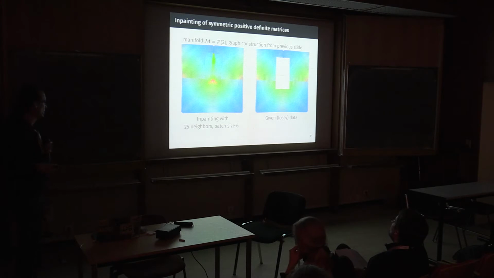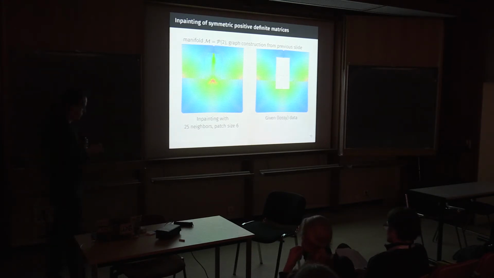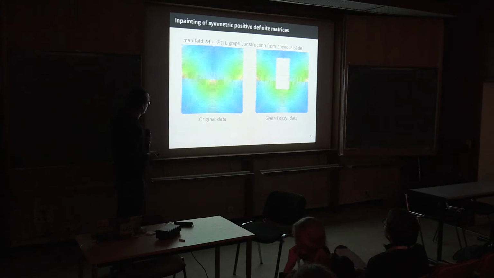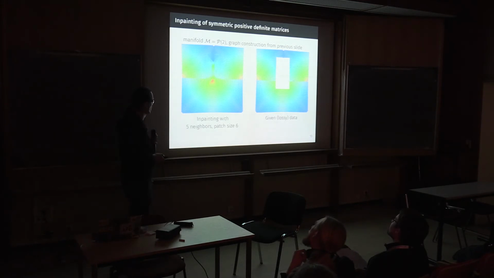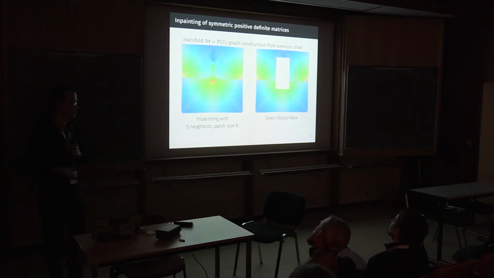And then we could inpaint with 25 non-local neighbors determined by a patch size of 6. So I take 6 by 6 pixels and compare all patches, which gets this one, or that one if I only take 5 neighbors. And I can't reconstruct the center, so the jump in the center, because there are not enough, it's not rotation invariant, so this one doesn't count. And there are not enough similar patches for this one to reconstruct, even in that setting, flat area. Okay, so there's not enough structure in this image.